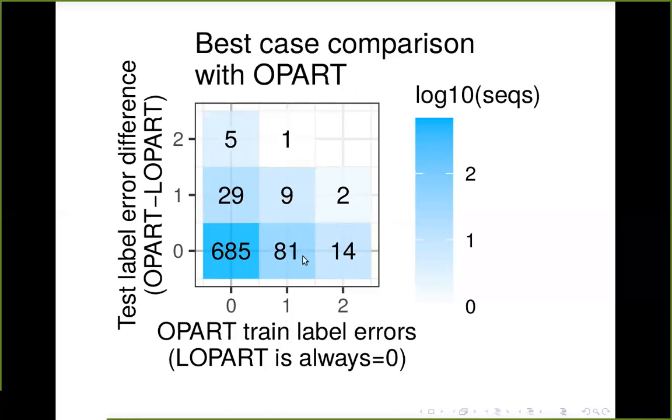And notably, you don't see anything below the 0 or to the left of the 0. What that means is that in the best case, optimizing over all of the possible penalties, we can always find a LOPART model which is as good as OPART. There are no data sets that I analyzed in which OPART gave a better result in terms of train error or test error. So that's a really encouraging result.